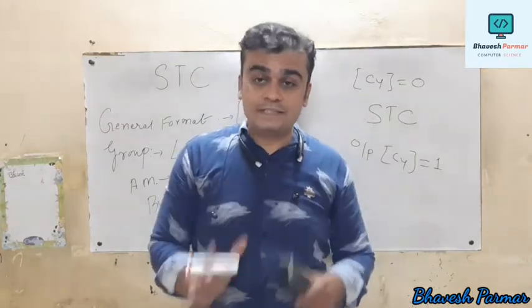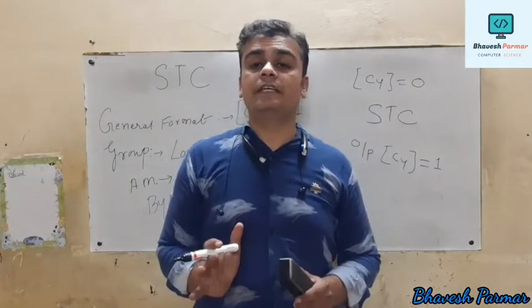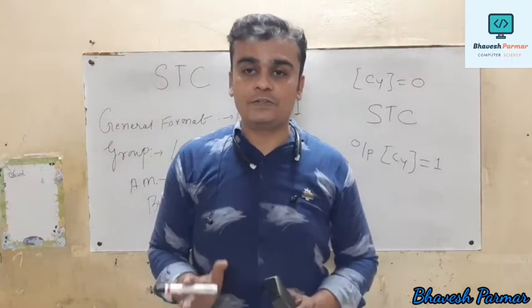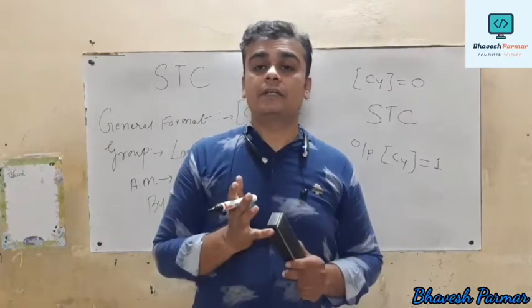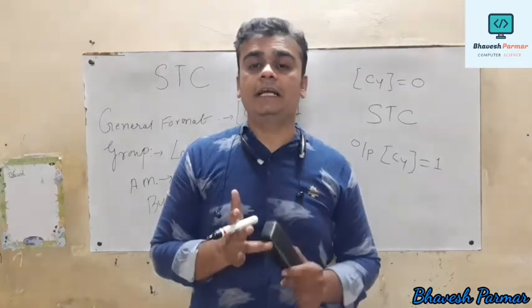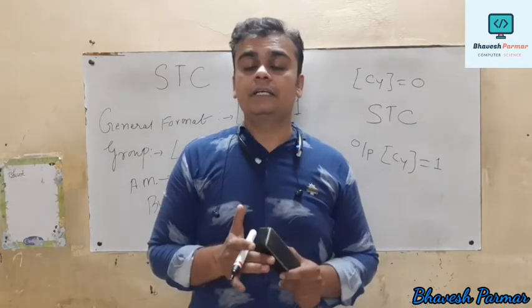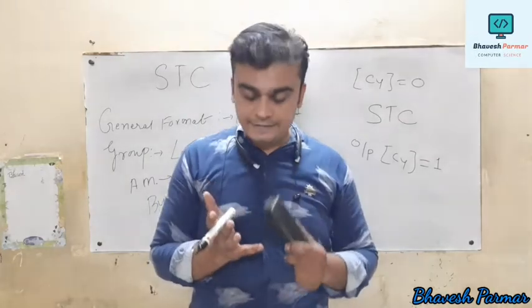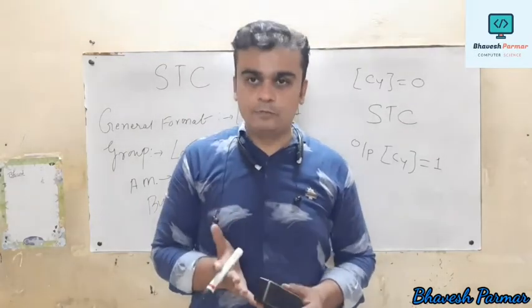Okay guys, so in this video, which things have we discussed? We have discussed 12 different instructions in total: 3 instructions related with logical AND, 3 related with logical OR, 3 related with logical exclusive OR. Then we studied the CMA instruction, that is complement accumulator.